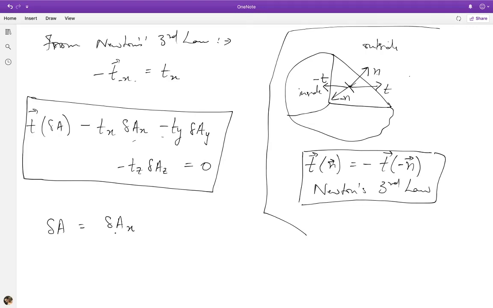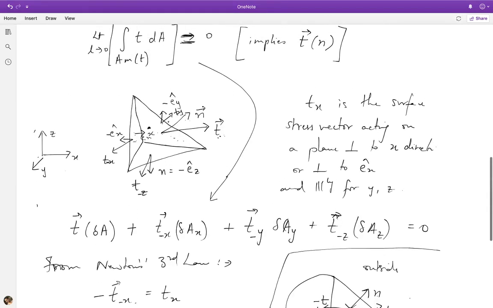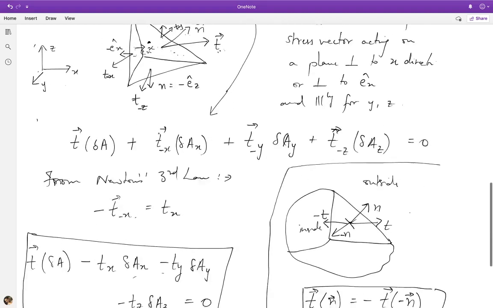In other words, delta Ax is the projection of delta A onto the x direction. That's clear from our construction. So the surface of the biggest triangular element delta A, if I were to project it along the x direction, I would directly get the area of the triangular element that is perpendicular to the x direction.